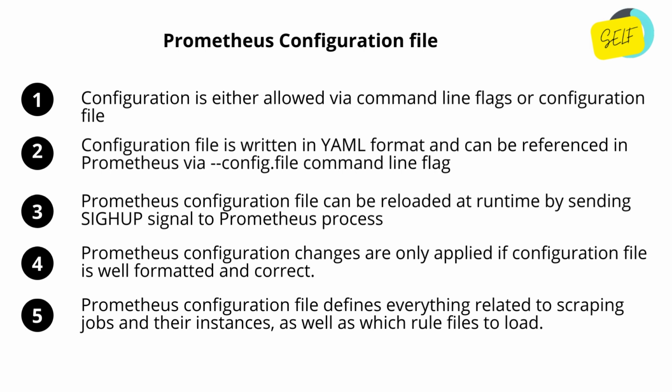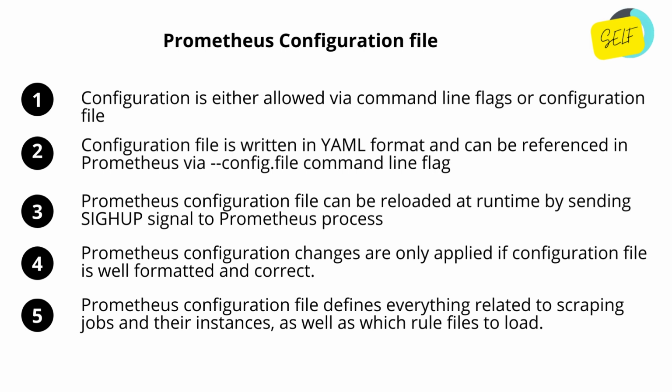So the very first thing to know about the configuration file is that in Prometheus, we can implement the configuration in two ways. One is command line flags and the other is the configuration file. Now you'll think what makes them different or why do we need both.